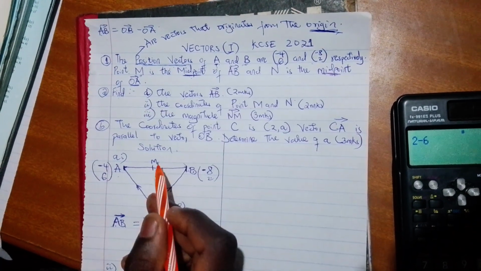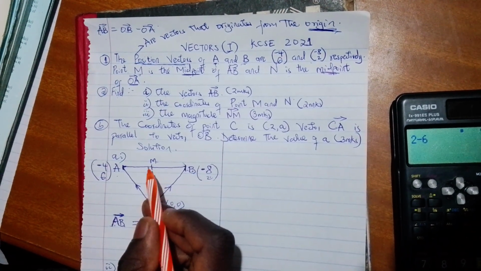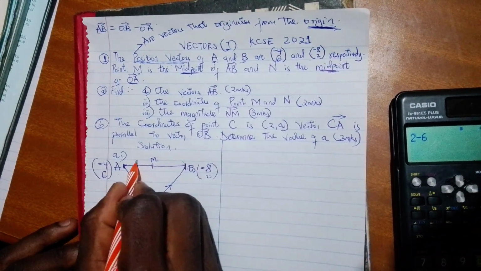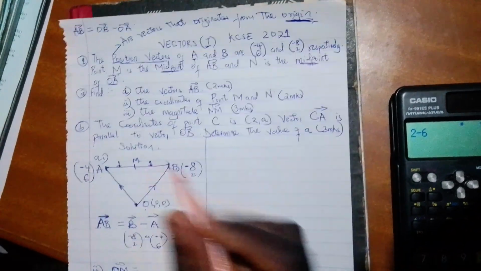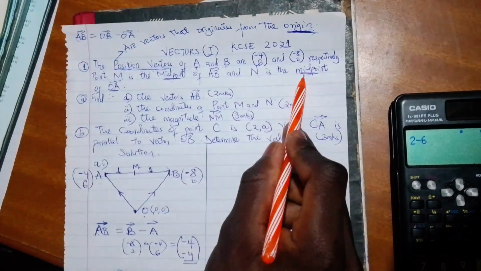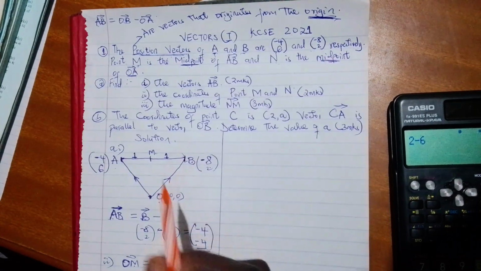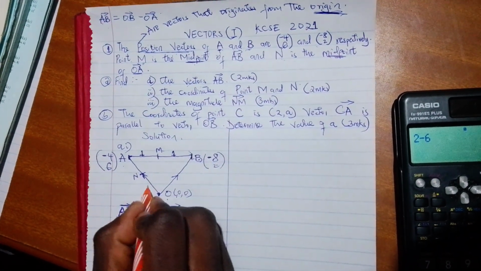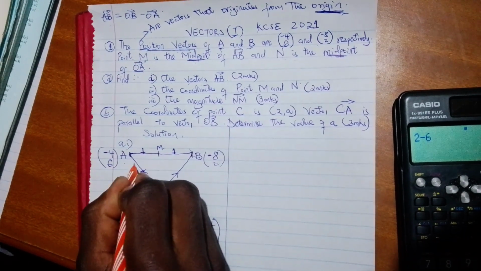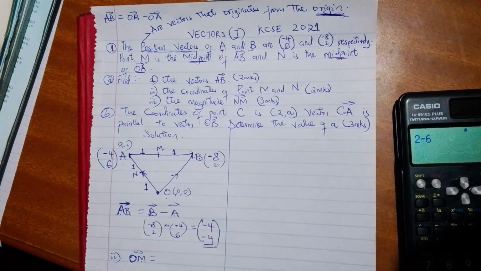So if something is a midpoint of a line, it divides that line in the ratio 1 to 1. And N is the midpoint of OA, so it also divides that line in the ratio 1 to 1. I hope we are together.